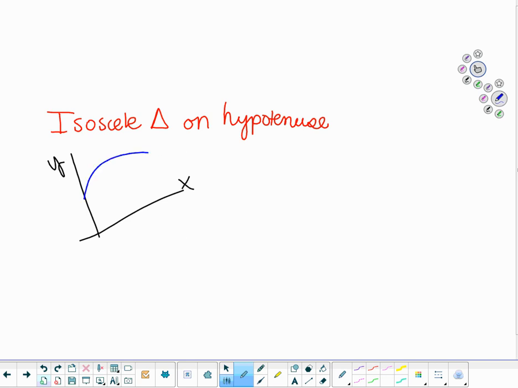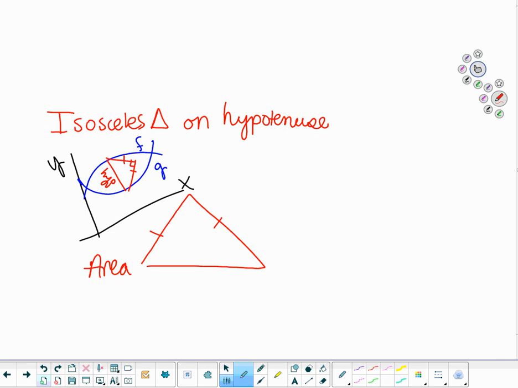Once again, let's give ourselves f of x, g of x, and we want to span across this with isosceles right triangles with the hypotenuse across here. So the area of that would be something similar to this, wouldn't it? Where these are 45 45s. And that's a little harder to work with.